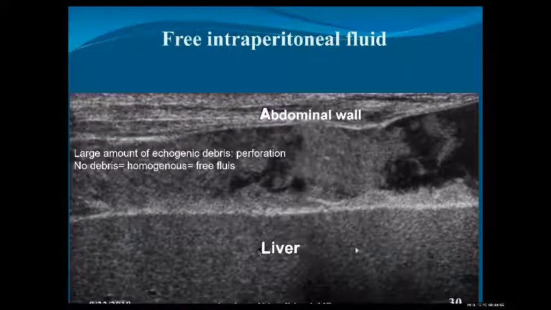You can see this is the liver. So this is the picture between the liver and the abdominal wall. And you can see there is also here some septa or some material that's stuck, and there is fluid in here and fluid in here. So the fluid appears to be black, remember that.